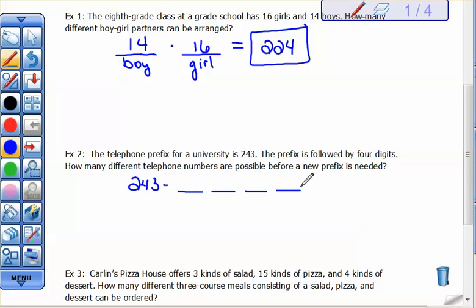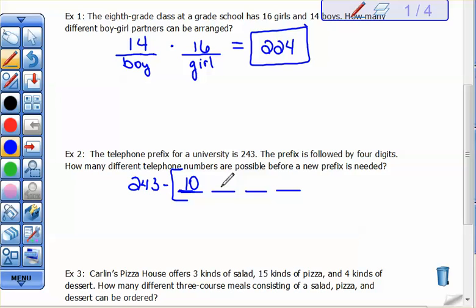Well, would it be possible for us to have any number in here, 0 through 9? Absolutely. So there are 10 possibilities. Let me write it in here. 10 possibilities for this first digit.